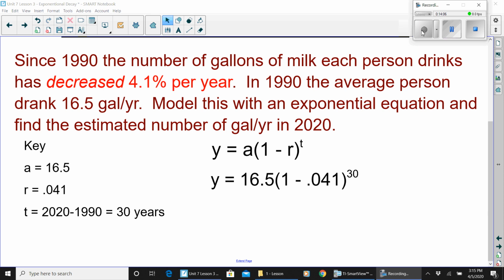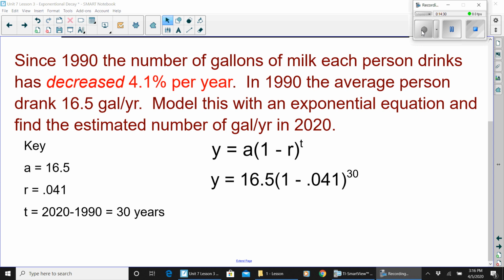So hopefully you have your key down, which is on the left, the A, which is your initial amount, 16.5 gallons, and the rate is 4.1% a year. It's a decrease, but either way, you have to change that percent to a decimal, which is 0.041.